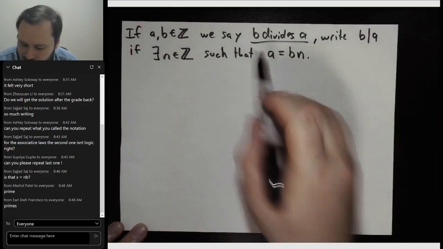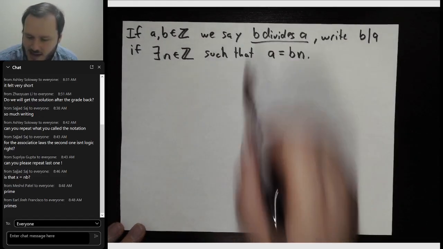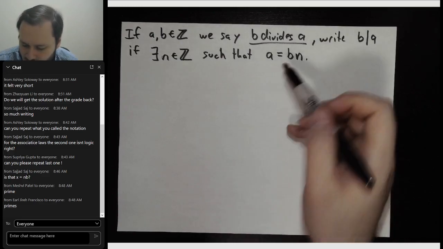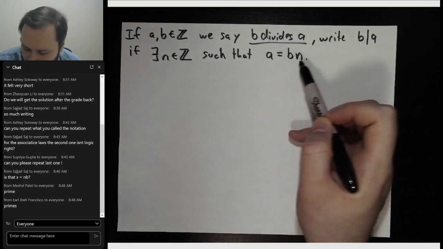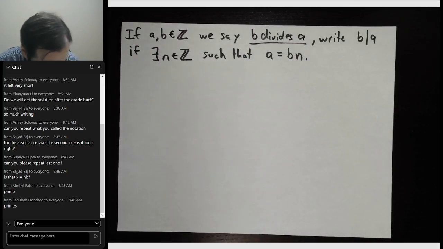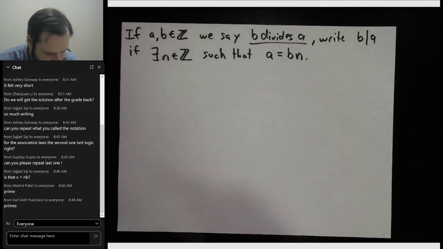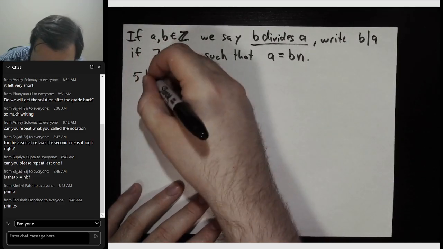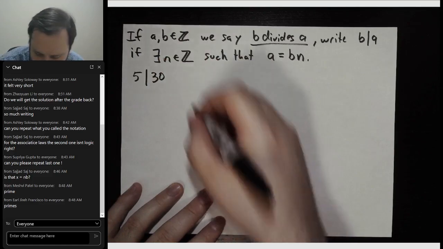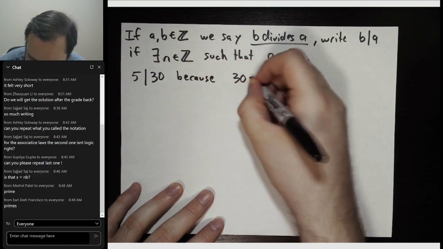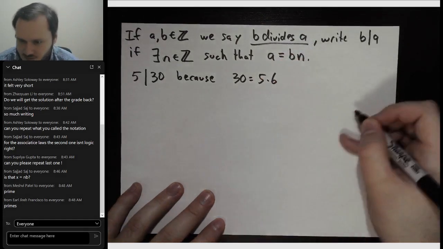Equivalently, we can say b divides a, or a is a multiple of b. Those two things mean the same thing. Why? If we divide both sides by b, we get a over b, and that's equal to some integer. Okay, so 5 divides 30 because 30 is equal to 5 times 6.